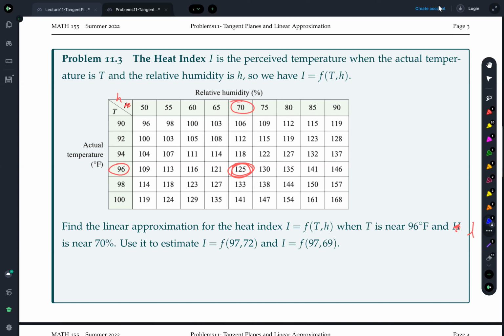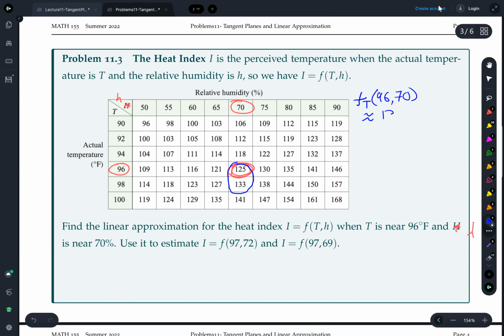Remember when we wanted to approximate the partials in a table like this, what we did is look at the next available point. Moving in the t direction, if we increase temperature, our partial of our function with respect to temperature, let's say f_t at 96, 70, so at a particular point, is going to be approximately equal to our function value at the next step.